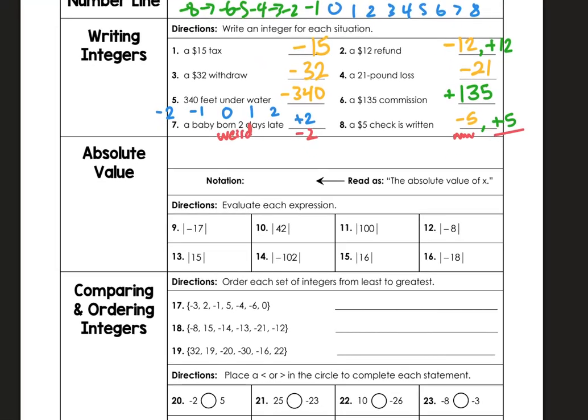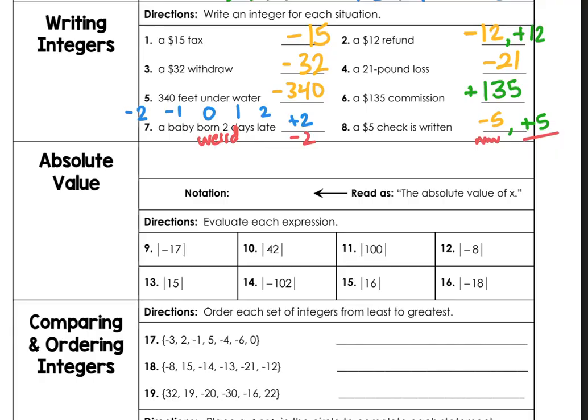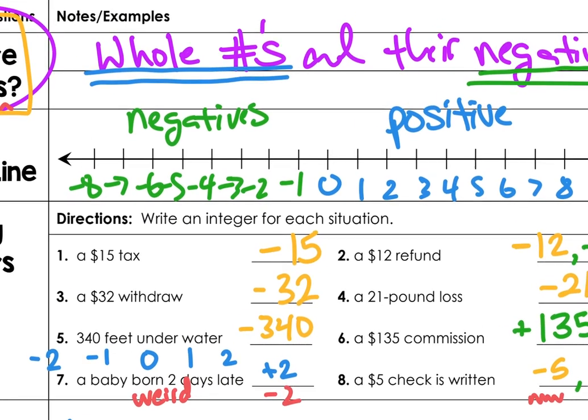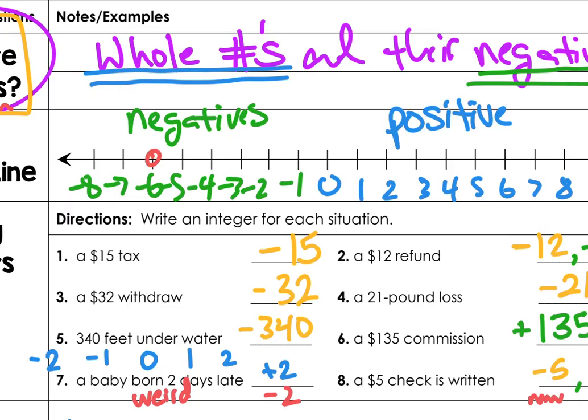Absolute value. We did this in our warm-up. And if you were like, well, I wasn't here for the warm-up, it was on IXL. We did a warm-up. And what they did is they had a number line, and they would just pick a location. And they would say, okay, what's the distance from 0? Well, it would be 6.